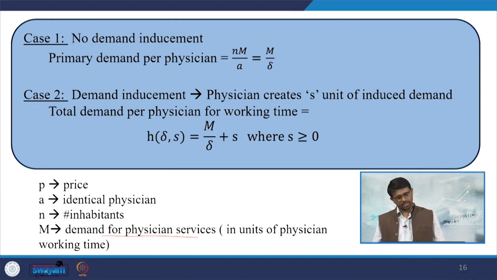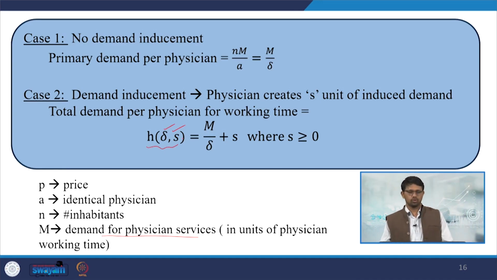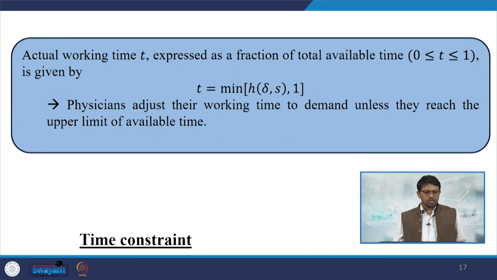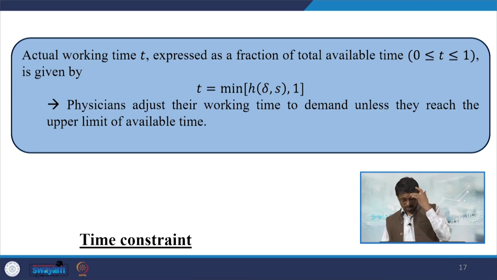Then we say that H is a function of delta and S, and we define this as supply induced demand, SID. Now, actual working time is, let it be T, expressed as a fraction of total available time, with a maximum available fraction of time being 1 and the other limit being 0.